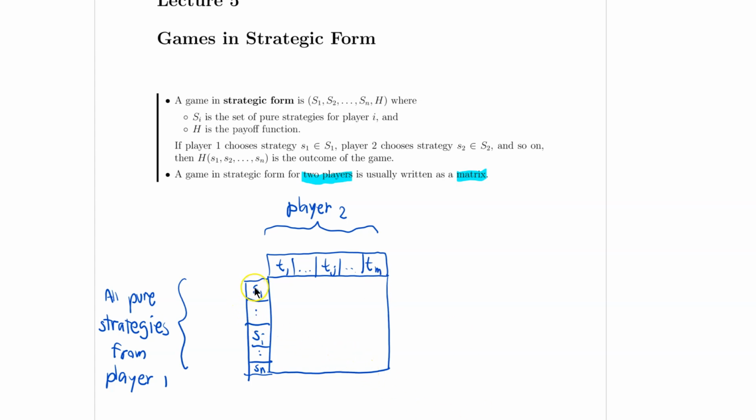So these are the rows and the columns of my matrix, and the entries of this matrix are going to be just the outcome of the game.